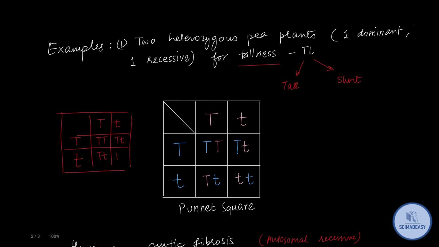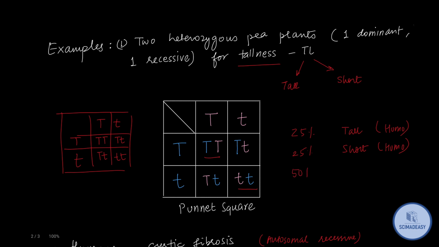It was observed that there was a 25% chance that the progeny was tall, and 25% that the progeny was short. These were both homozygous.